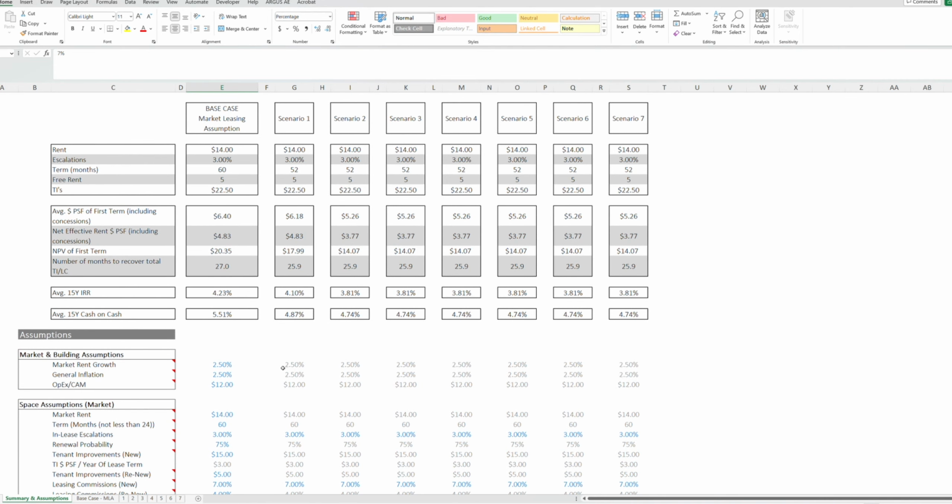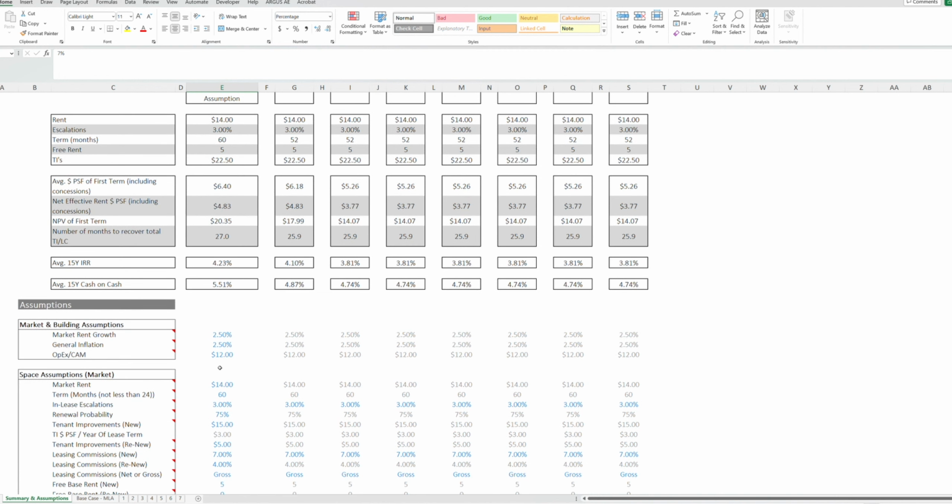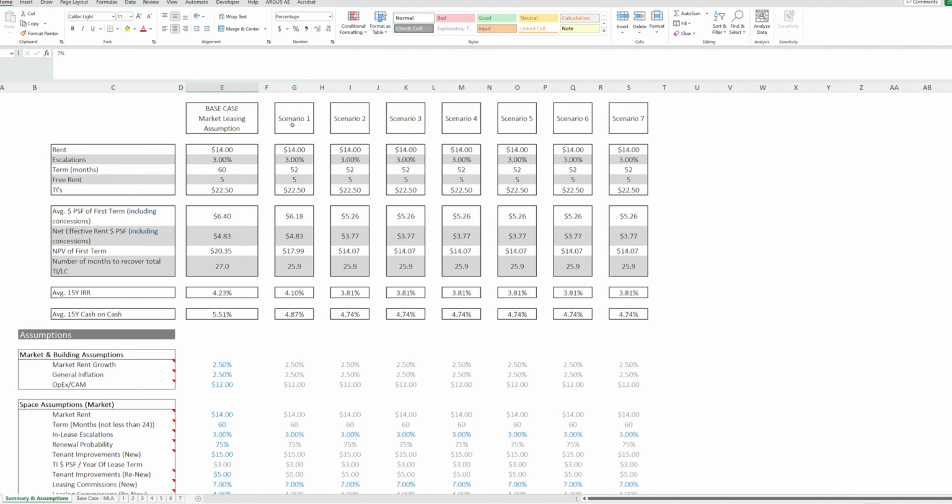What this model does is make it very easy to compare scenarios 1, 2, 3, 4 versus your market leasing assumption.